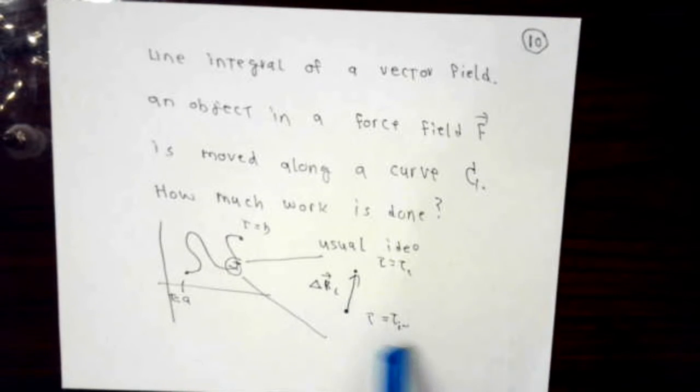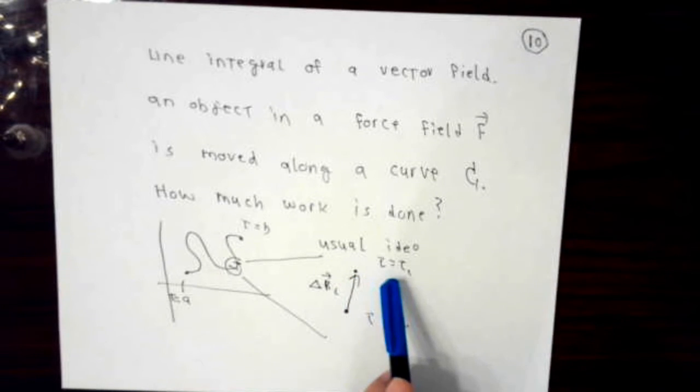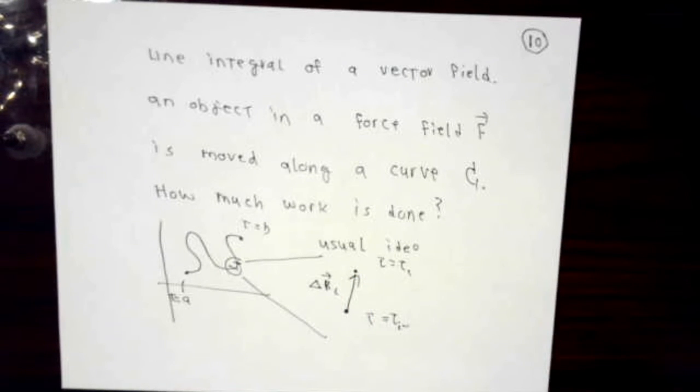The beginning point corresponds to t sub i minus 1. The ending point corresponds to t equals t sub i. And I'm going to chop it up so small that this looks like a straight line to me. Also, I'll chop it up so small that the force doesn't have much of an opportunity to change on each small subinterval.